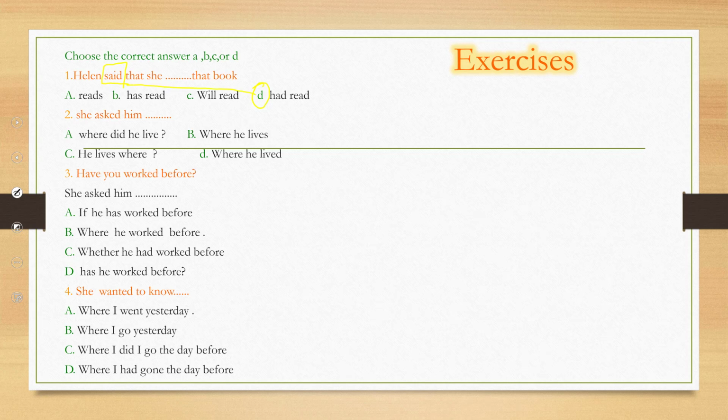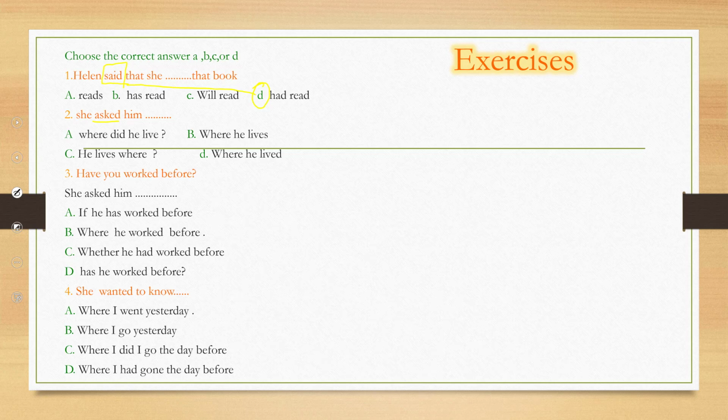Number 2, she asked him, where did he live? Where he lives? He lives where? Where he lived. How can I choose this? It's a question. Here, the first one is a direct question, so it's not correct because after asked, I shouldn't use a direct question.